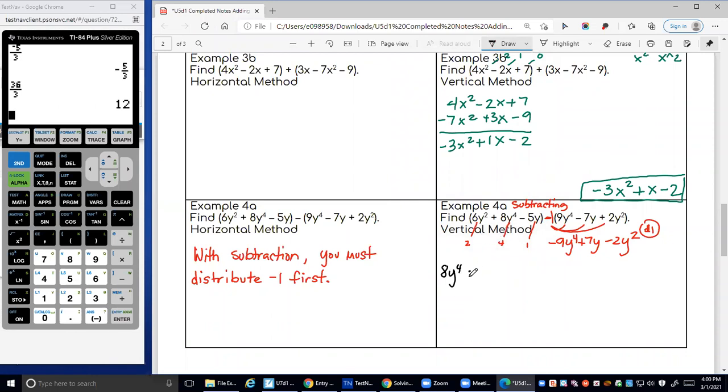You know what you could totally do? You could put plus 0y to the third to hold that place, right? And then we have plus 6y squared, because that's got the 2, and then we got the 1, -5y.